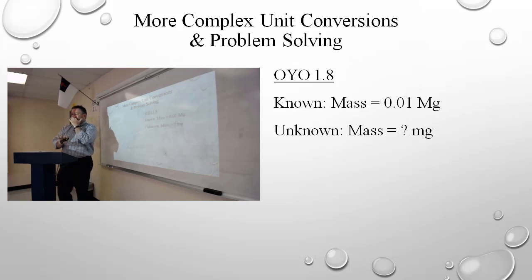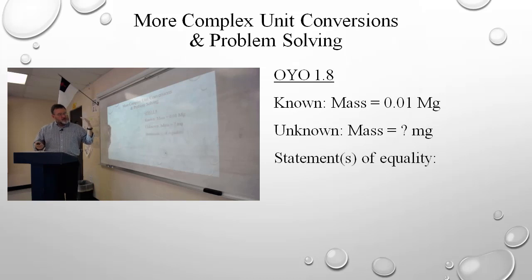Most of the time, we're going to need some other step in between. And again, because it's metric, I would encourage you to go to the base unit. What is the base unit for megagrams and milligrams? Grams, right?